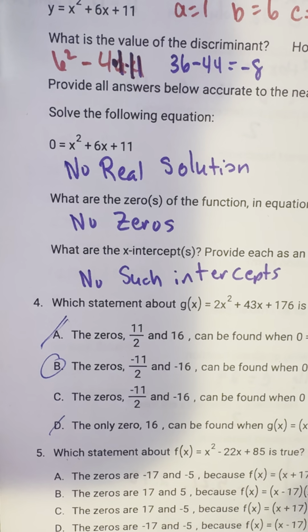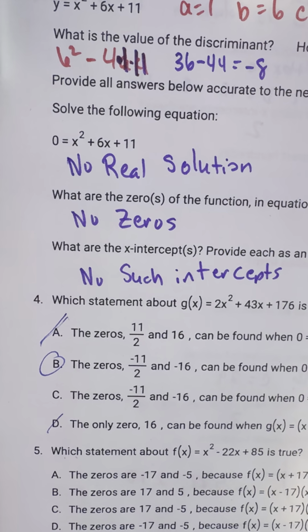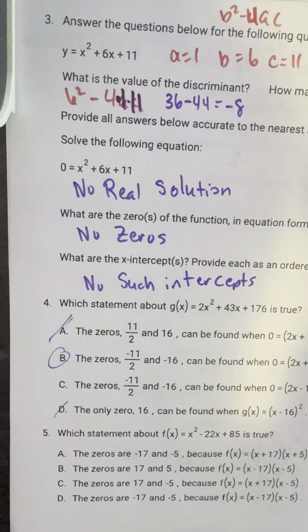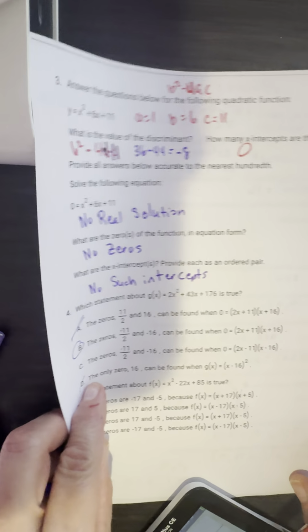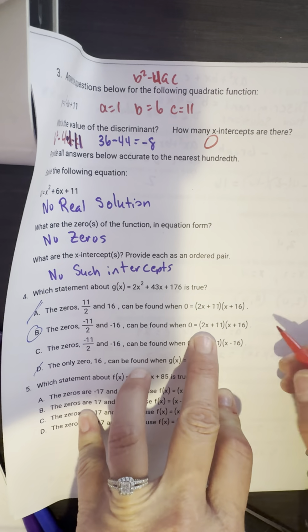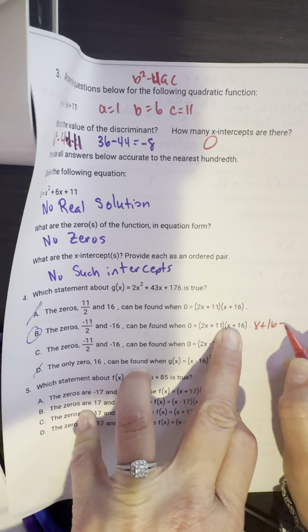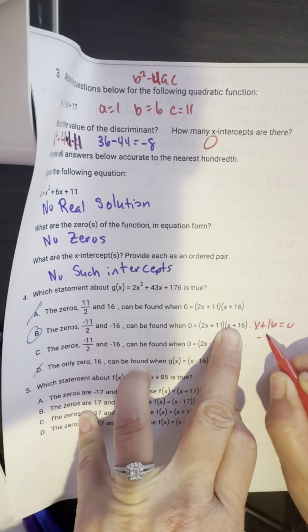So why are the factors, or the zeros, opposite of the factors? And here's the reason why. Because if you set them equal to 0, so we have x plus 16 equal to 0 and solve. What's the opposite of adding 16? Subtracting.